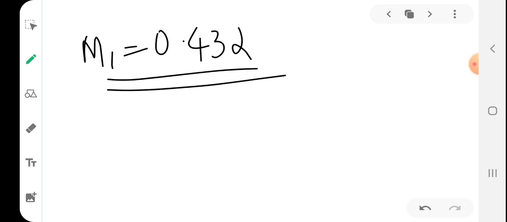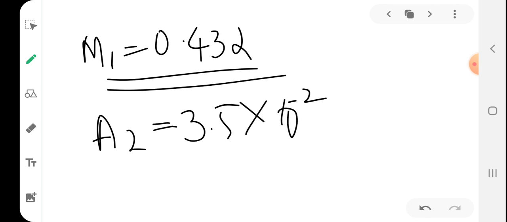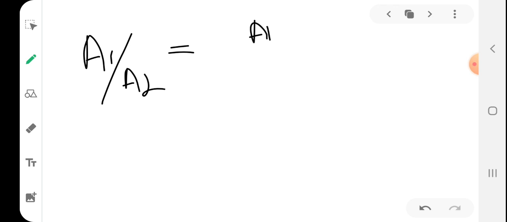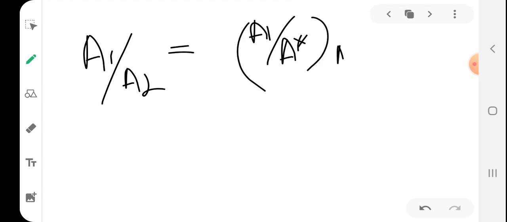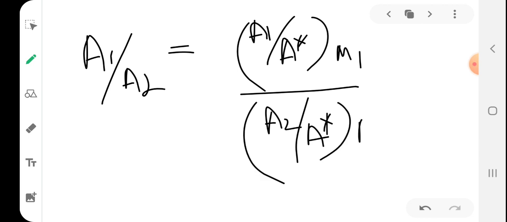Now the value of A2 is known. So what is the value of A2? A2 is 3.5 into 10 raised to minus 2 meter square. So students, since we have two areas, you can apply the equation: A1 by A2 is nothing but A1 by A star at Mach 1 divided by A2 by A star at Mach 2.